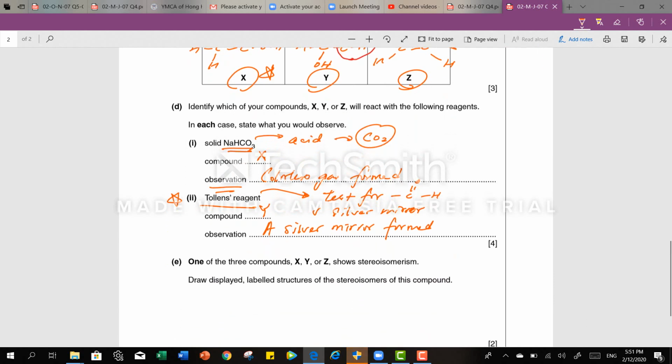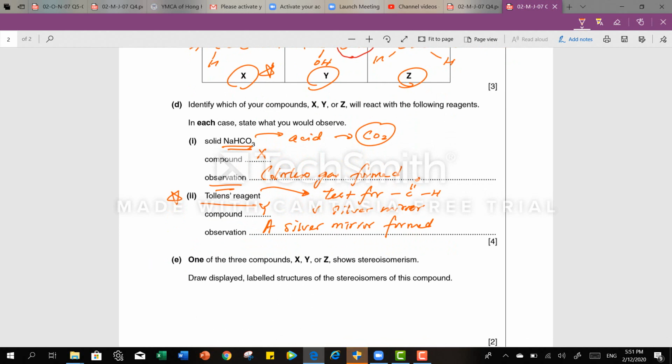The last one, I told you, the question will definitely ask you about cis-trans. One of the three compounds X, Y, Z shows stereoisomerism. Remember this term: stereoisomerism means isomers that have the same molecular formula, but their atoms or groups of atoms are arranged in different spatial arrangements, right? We have two types: the optical isomer and the geometrical isomer.